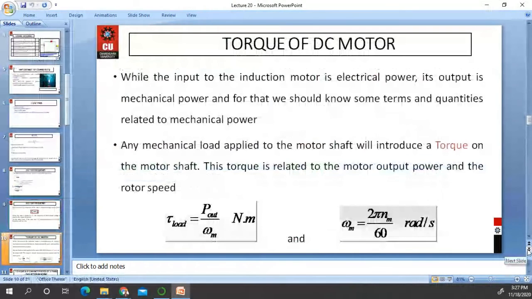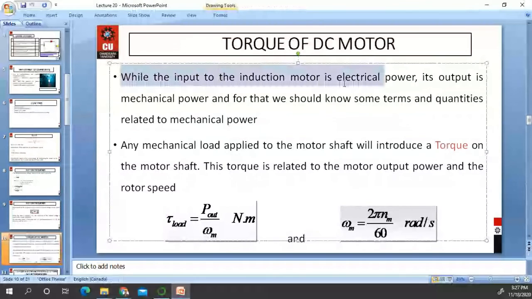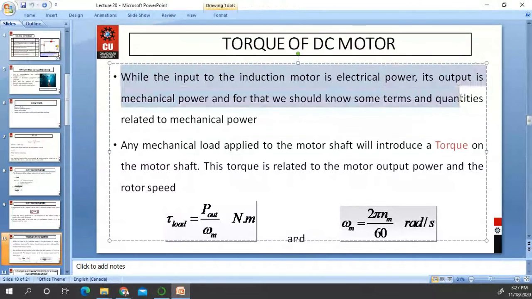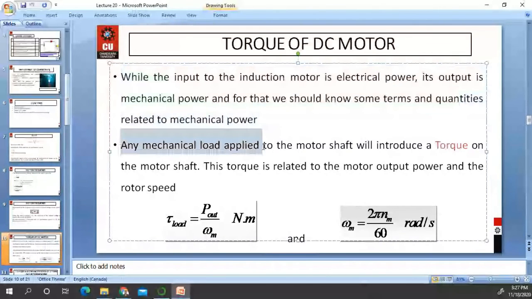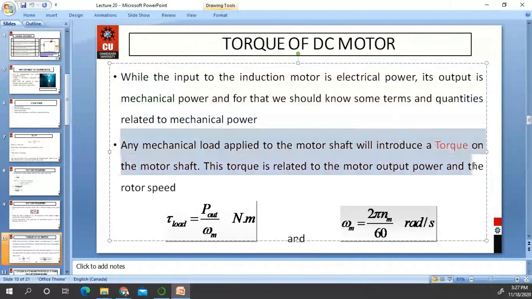Now, next point is torque of an induction motor. How to find the torque in the motor? While the input to the induction motor is electrical power, its output is mechanical power, and for that we should know some terms and quantities related to mechanical power. Any mechanical load applied to the motor shaft will induce a torque on that motor shaft.